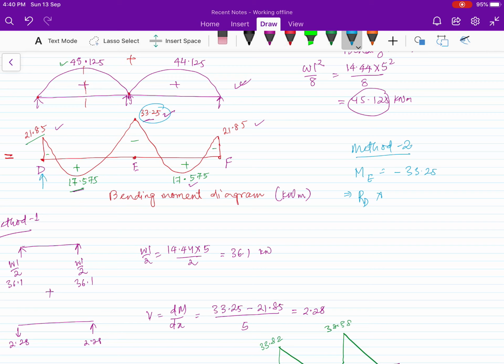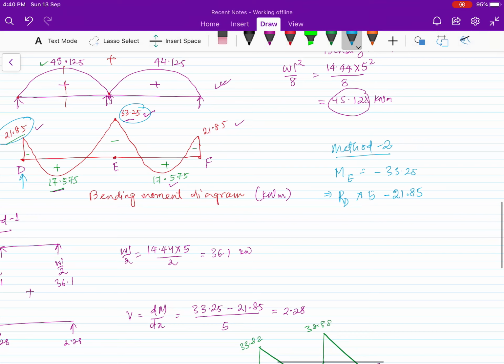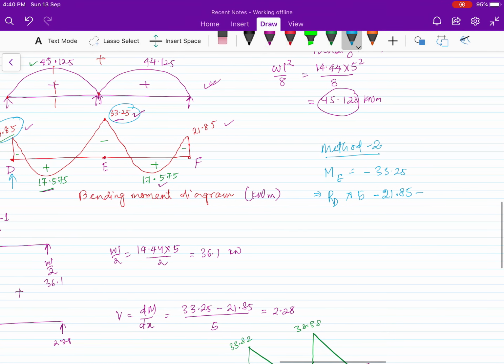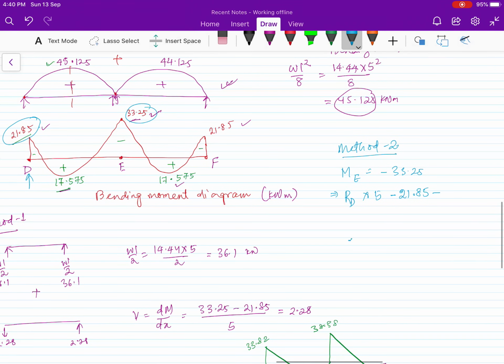So at this RD into 5 meter minus the moment here, which is already 21.85, so minus 21.85 minus the load that we are having. So now this is RD, RE, RF.